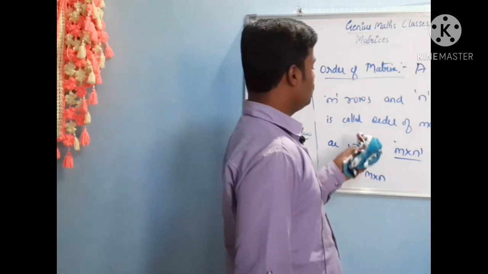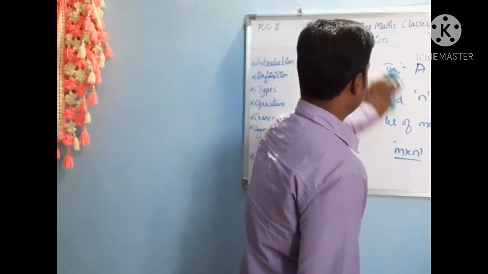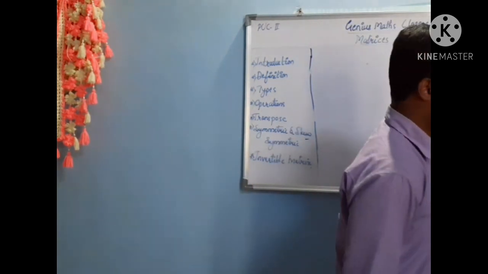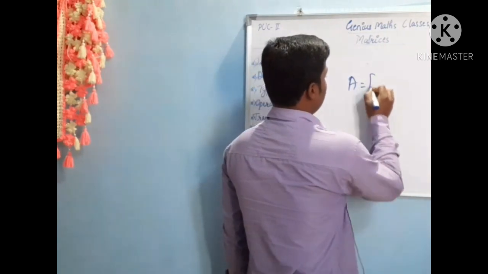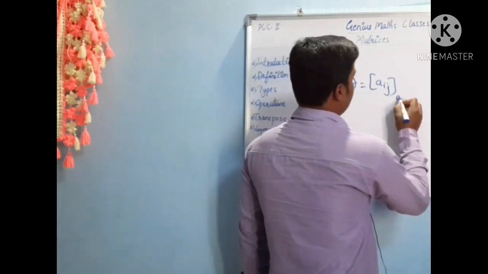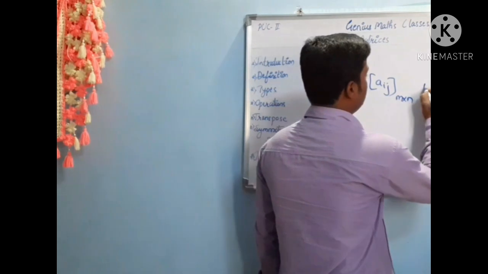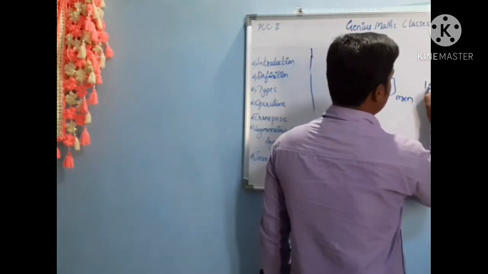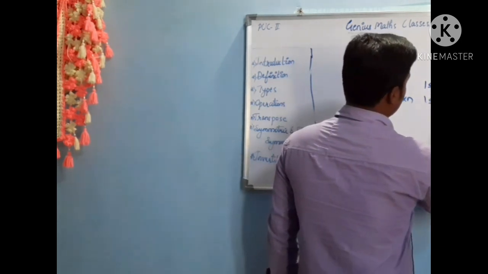And how to write the general thing, I have also explained that. If you have the general element A, we can write Aij of an m cross n matrix, where 1 is less than or equal to i, which is less than or equal to m, and 1 is less than or equal to j, which is less than or equal to n.